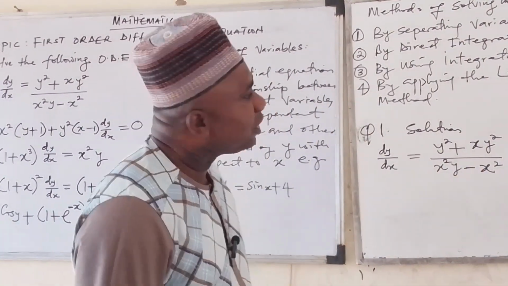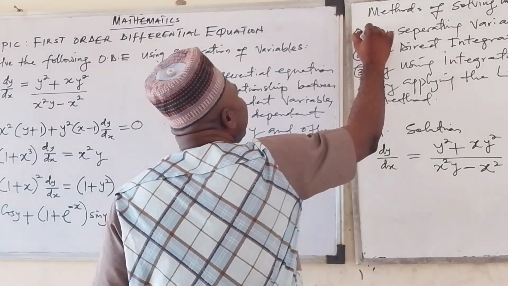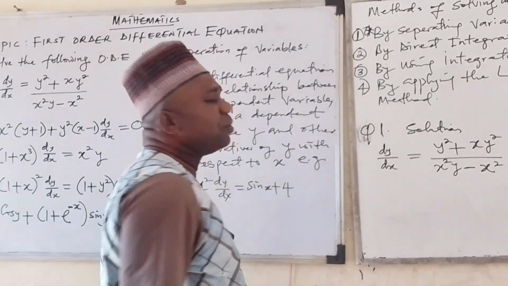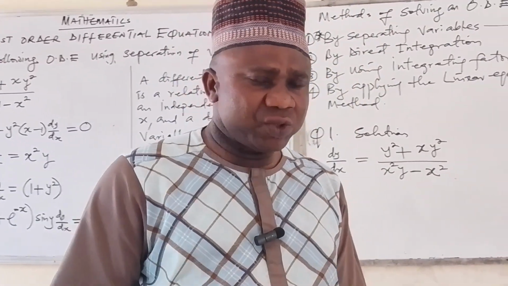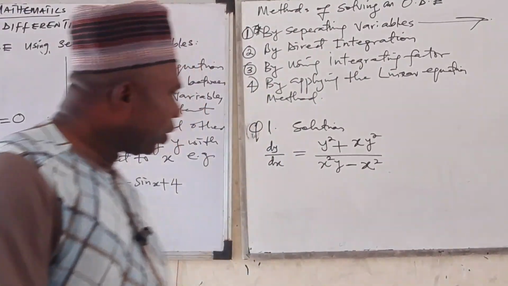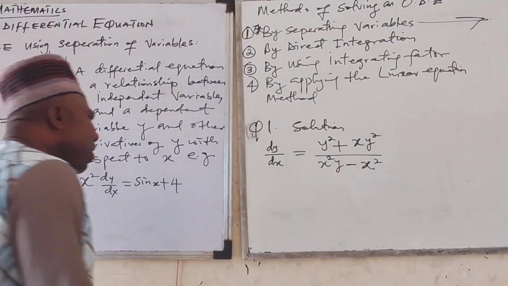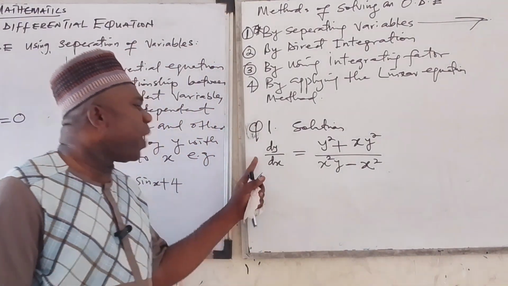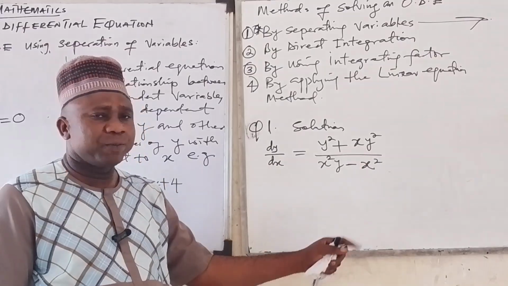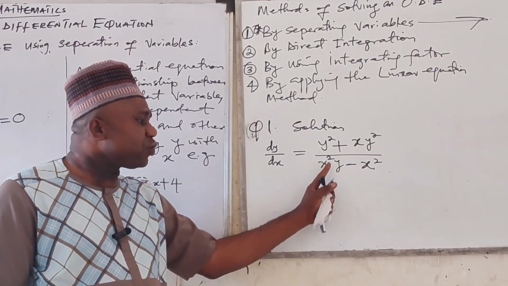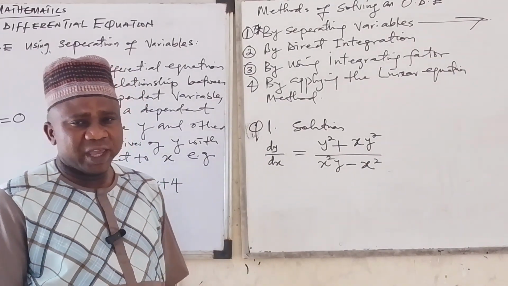Now remember I said we are looking at the separation of variables method. So that is the first method we're going to be looking at. In this case, we're given dy/dx equal to y squared plus xy squared divided by x squared y minus x squared.